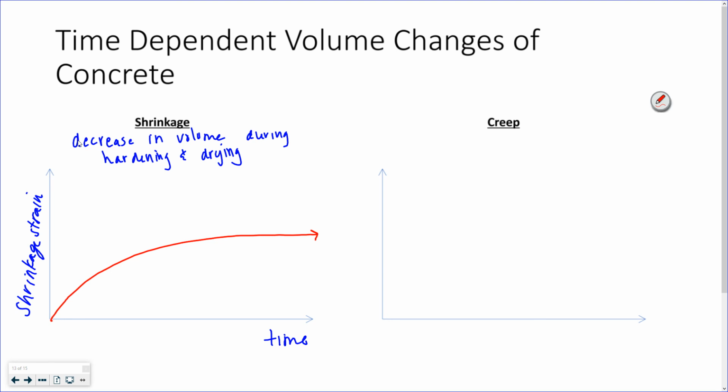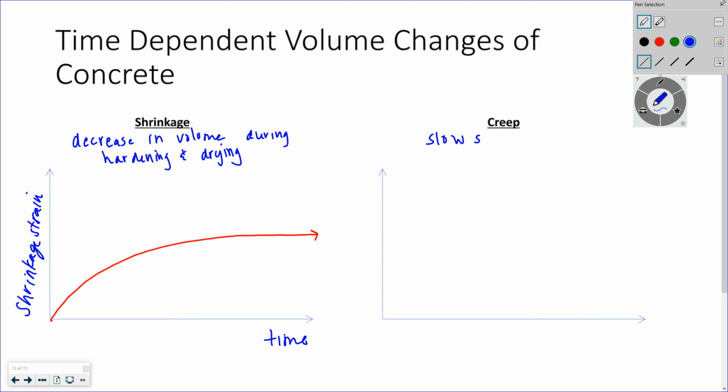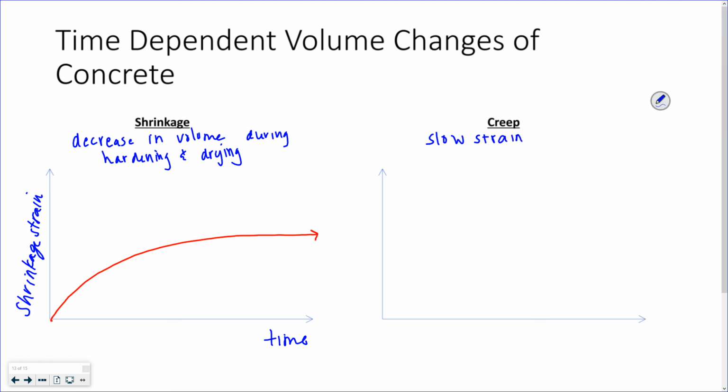Creep is due to loading. Slow strains over time due to sustained loads.